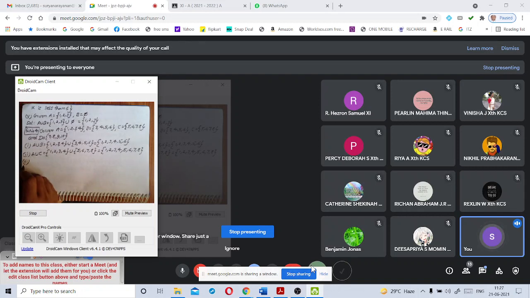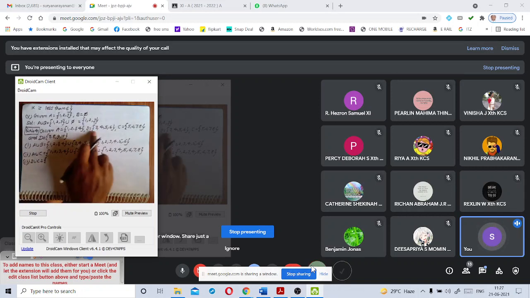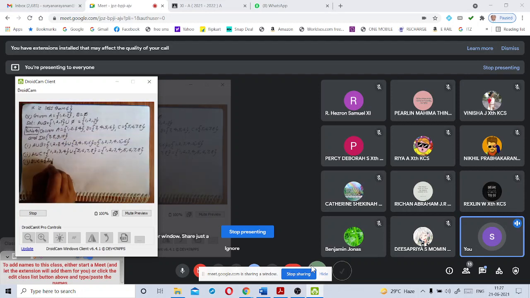Now come to the third question, B union C. Write set B, {3, 4, 5, 6}, union. What are the elements in set C? {5, 6, 7, 8}. Who will tell the answer to this question?